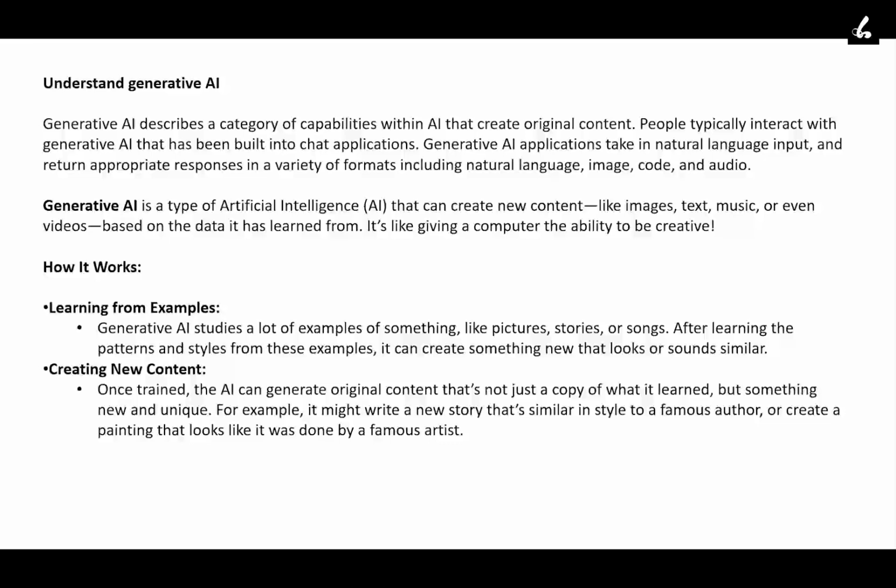Talking more about generative AI, people typically interact with it through chat applications. Generative AI applications take in natural language input and return appropriate responses in a variety of formats, including natural language, images, code, or audio.